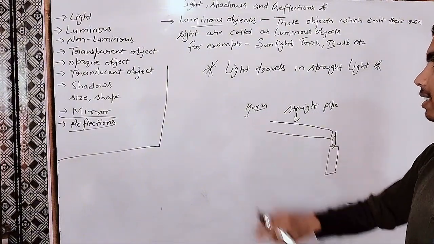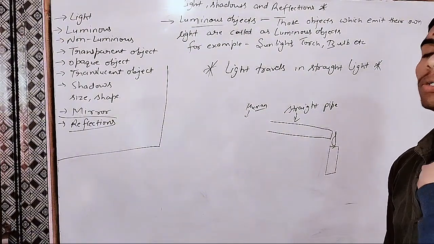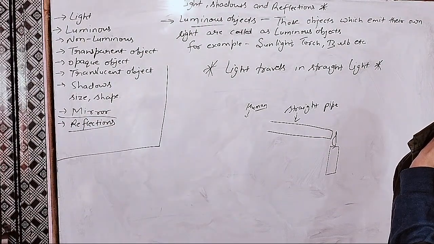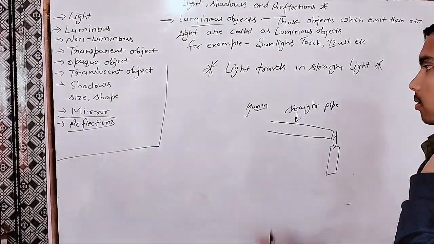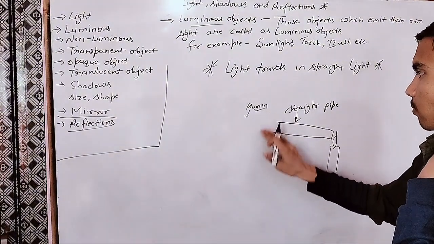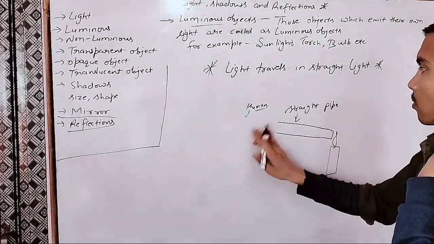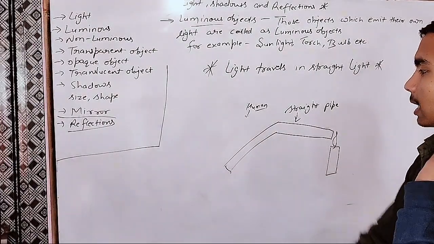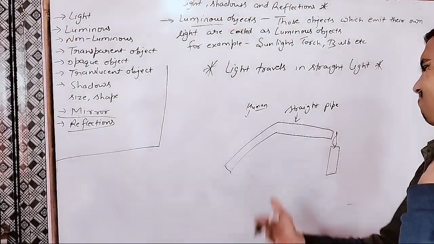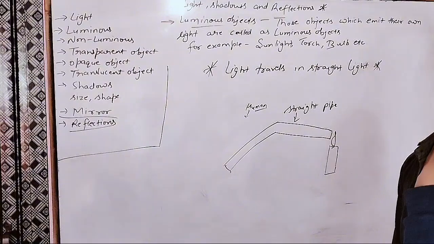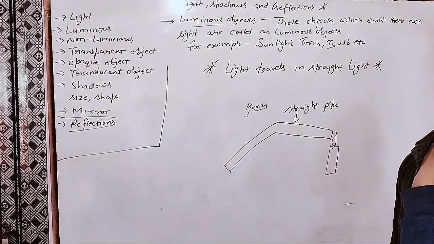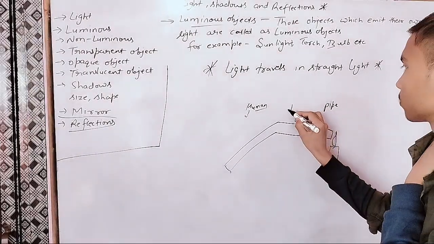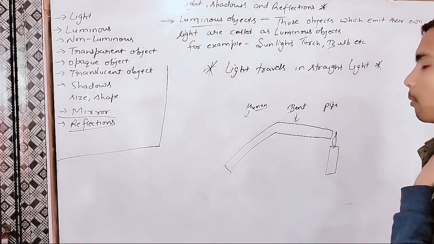Let's see when light will not travel in a straight line. Now we have an unstraight pipe, a bent pipe.